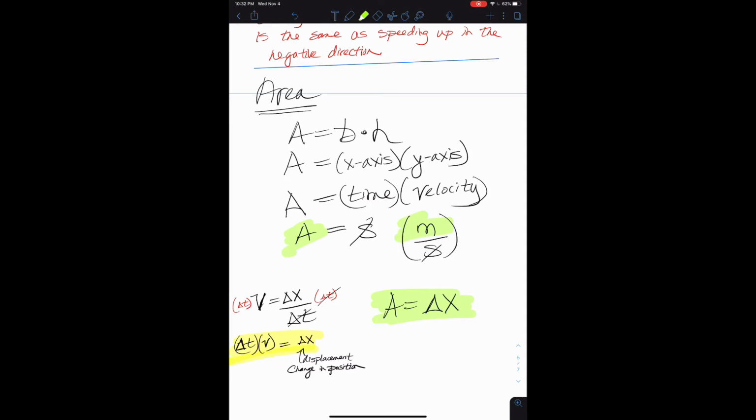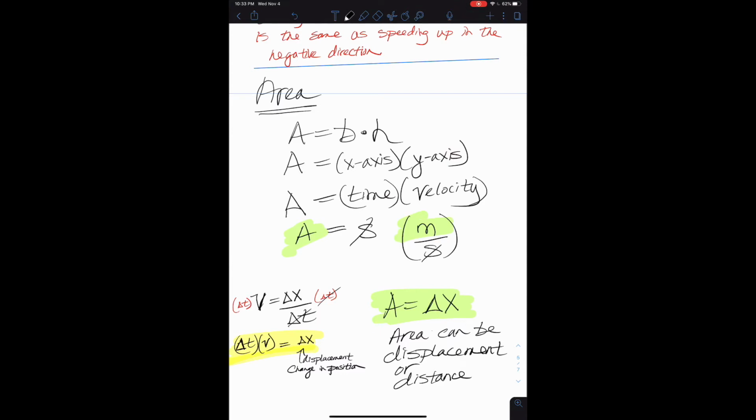So this is why the area can be things like displacement or distance. And technically, it's always going to be displacement if you do it right, but sometimes it can be distance.